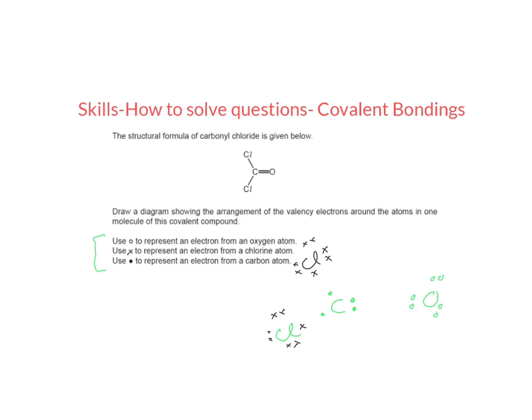Now see, I'm going to make the bonds now to complete the structure. So this is the first bond, this is the second one, and here we have a double covalent bond. Let's see now, I need to have an octet for each atom. So oxygen 1, 2, 3, 4, 5, 6, 7, 8. Good. Carbon 1, 2, 3, 4, 5, 6, 7 and 8. For chlorine 1, 2, 3, 4, 5, 6, 7, 8, and even this chlorine is 8.